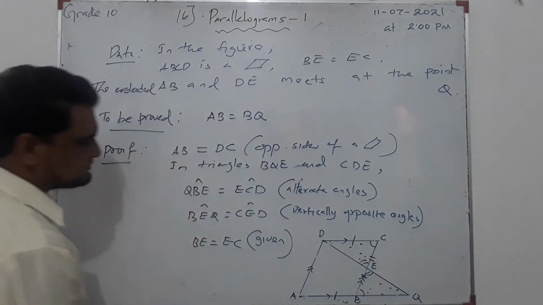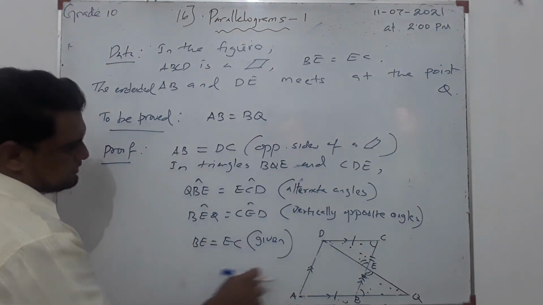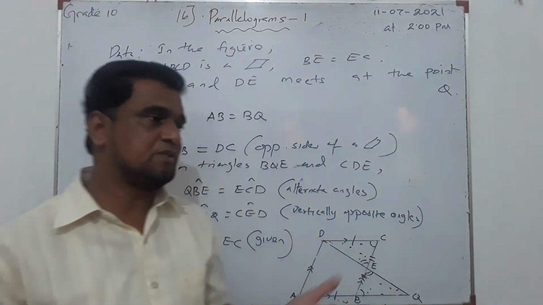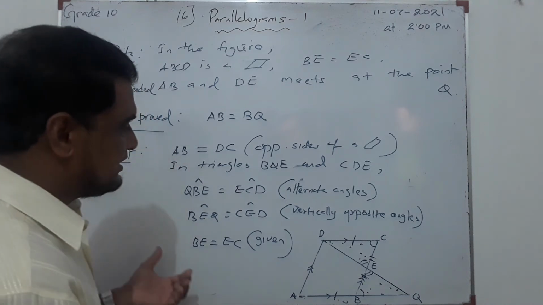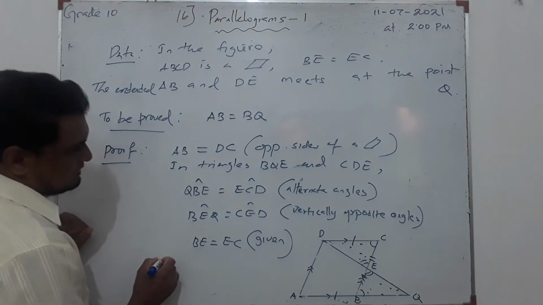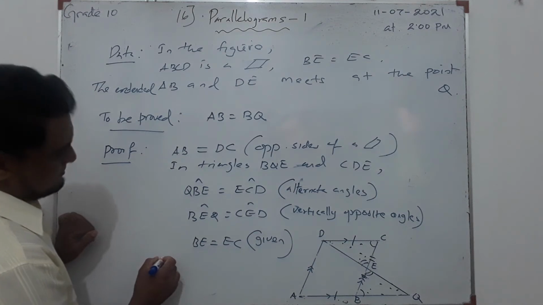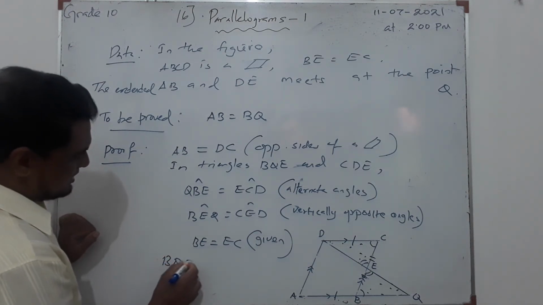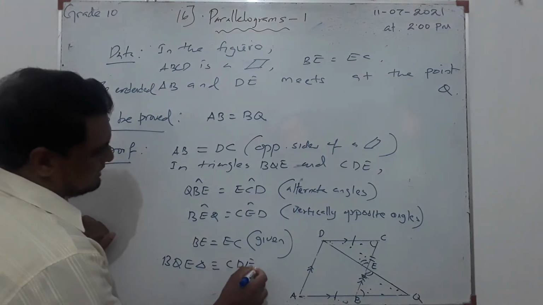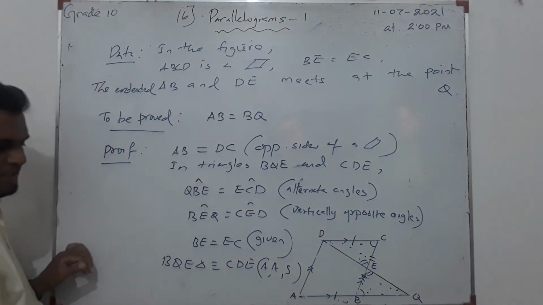Now at this situation we have four situations for making triangles congruent. So now we can write triangle BQE is congruent to triangle CDE, at the situation AAS, angle, angle, side.